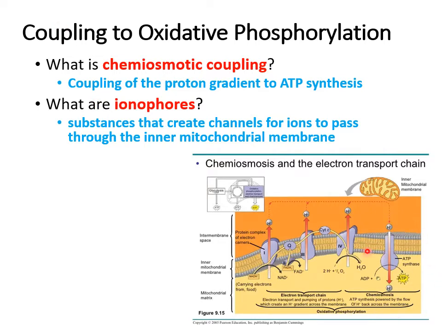Now, when you see the ATP synthase, sometimes you'll see the terms F0 and F1. F0 just describes the portion of the synthase that is spanning across the membrane.